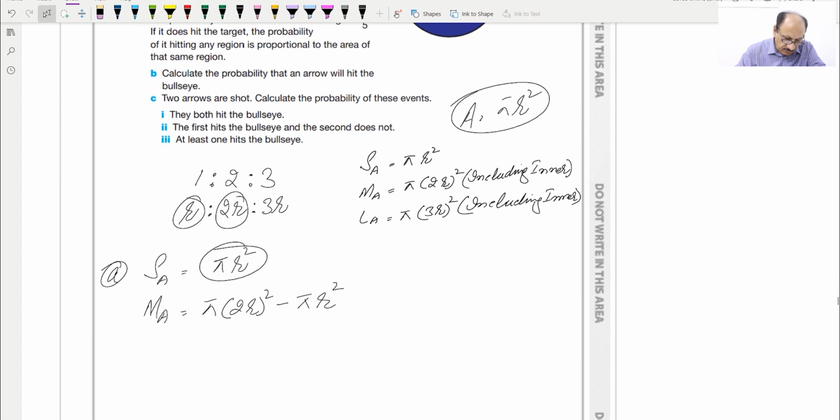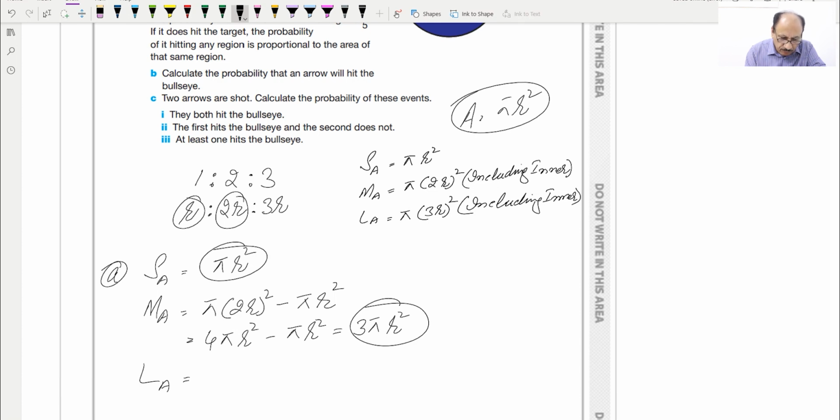And then when we solve this, it will be 4 pi r square minus pi r square, and this will be equal to 3 pi r square. This will be the area of the white circle, which we have taken as medium. And the area of the large circle will be what?